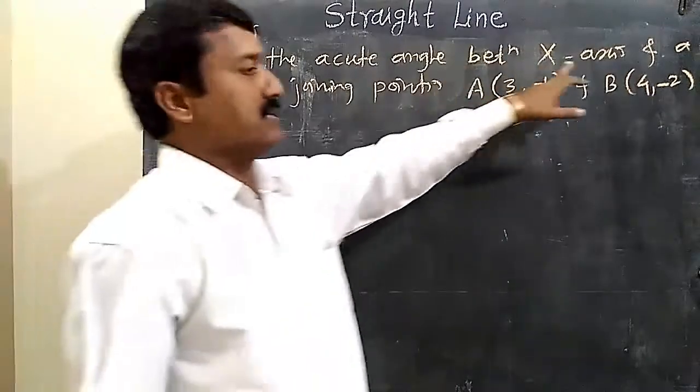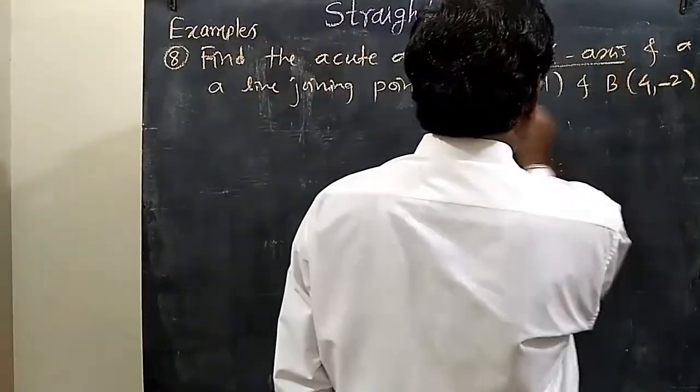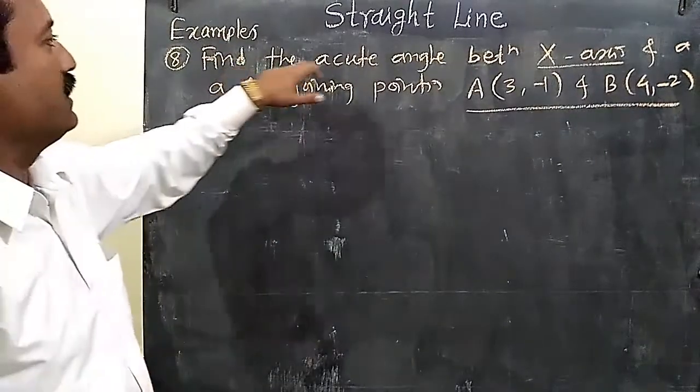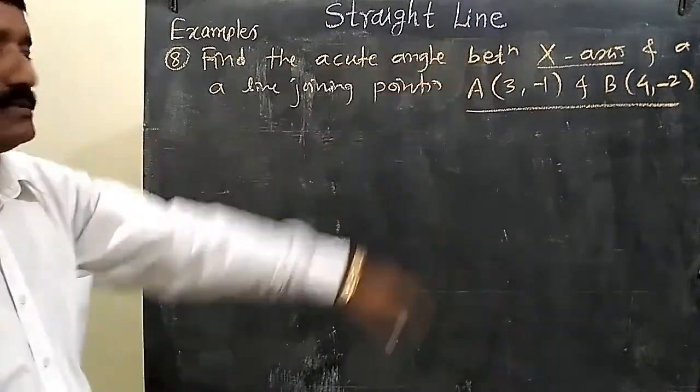One line is given as the x-axis and the second line is line AB, and in this case we have to find the acute angle between these two lines.